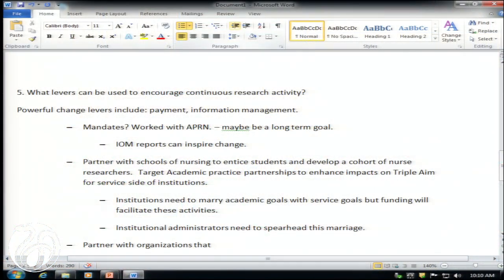Let me throw something else out. Is public opinion, and just how people think, a lever that would encourage research? Is that a strategy that we should pursue? I think many people have certainly seen the campaign about nursing that is very powerful. I think it is very effective in changing, or at least in some cases bringing into the consciousness of the public, the role of nursing.